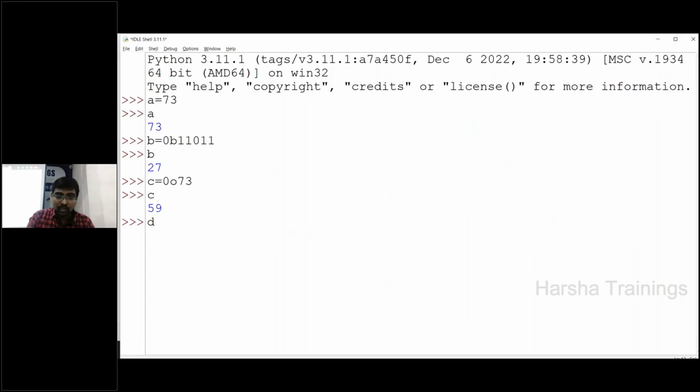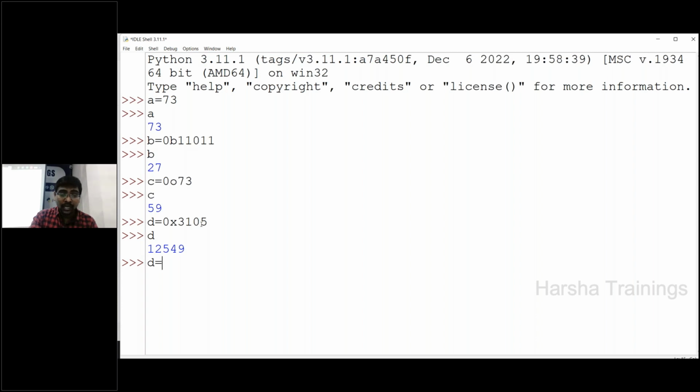For example, I will show you. D is equal to 0x. What is my number? 23105. Print D. Whatever it is, okay. So here 10 is considered as separate digits. This is my decimal number.